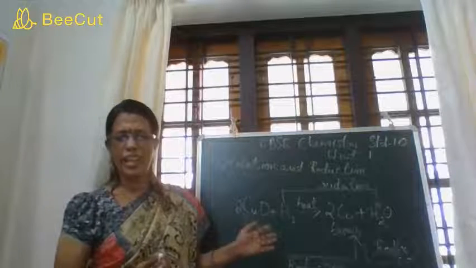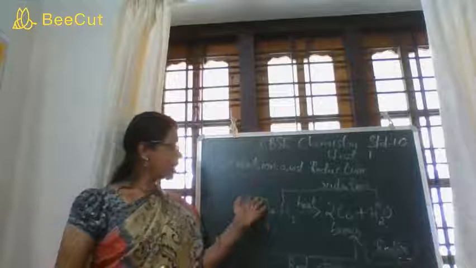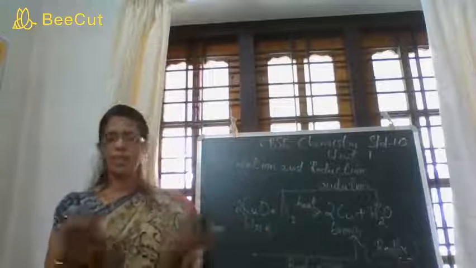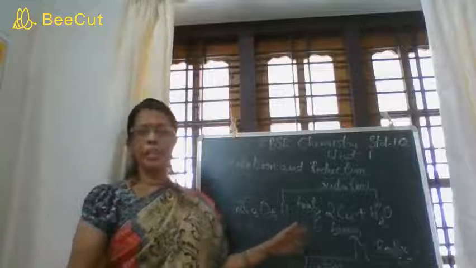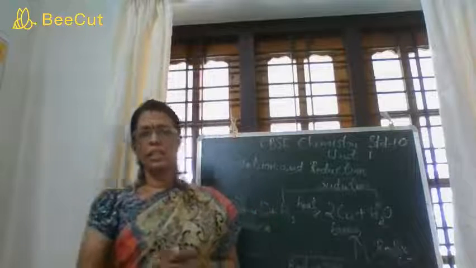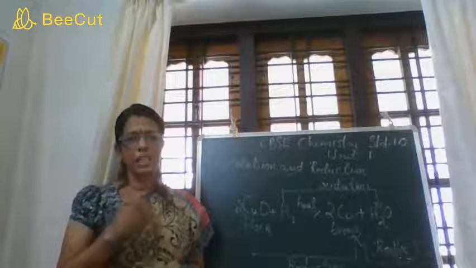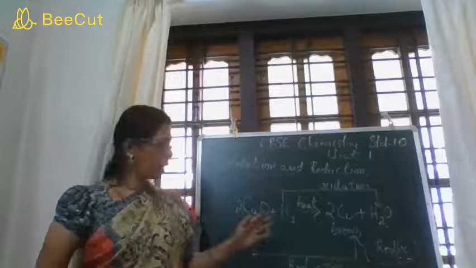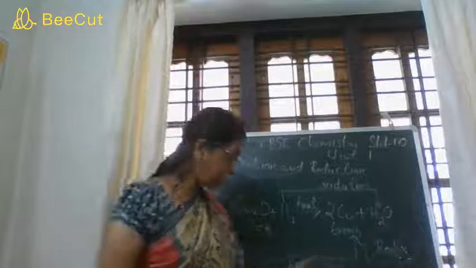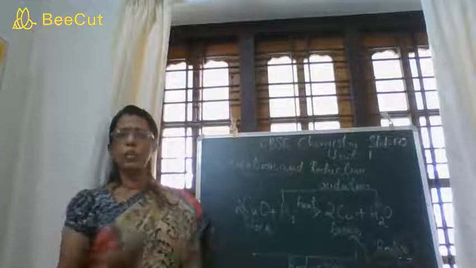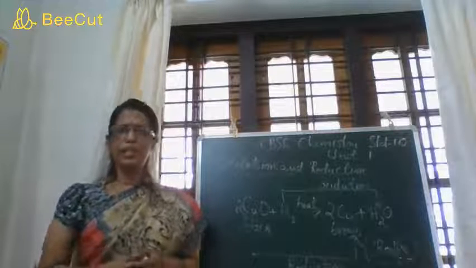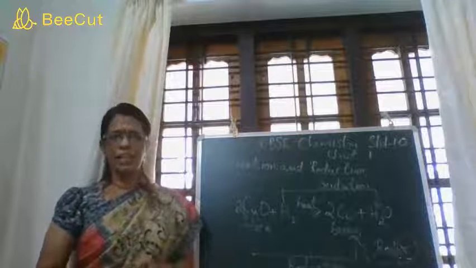Whether this is a redox reaction or not, such a question can also be asked. They will give an equation and ask whether it is a redox reaction. Then you have to find out whether it contains both reduction and oxidation. If a reaction contains both, then you can say that it is a redox reaction.